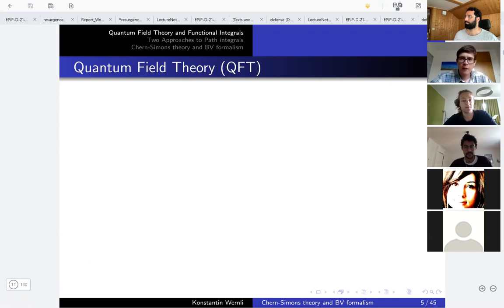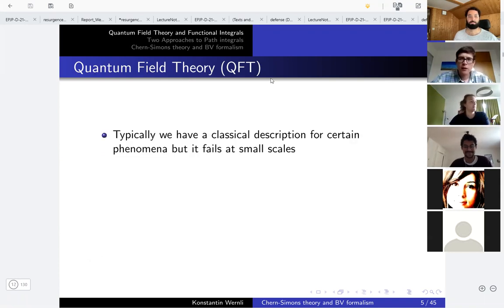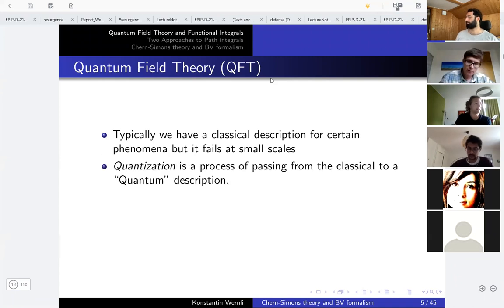So, okay, one slide on classical field theory, next slide on quantum field theory. Usually the classical description for many phenomena fails when we do experiments at very small scales. And quantization is a process of trying to reconcile the classical physics with our quantum observations, right?